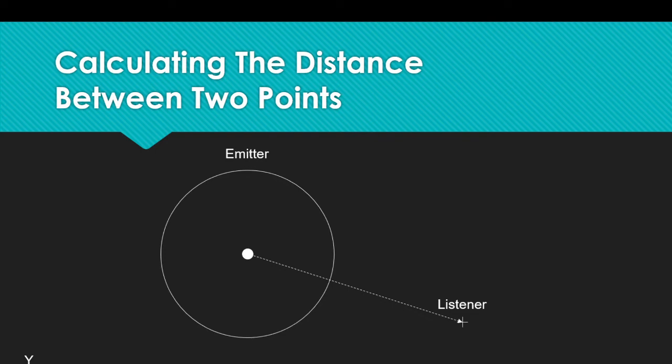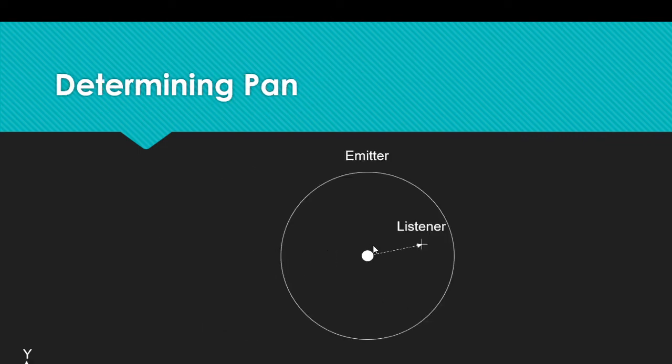Effectively, if you do the dot product of something with itself, you're doing x times x plus y times y plus z times z. So it is the same thing, but I think doing that encourages you to find functions that work rather than finding the mathematical explanation for what you're doing. But that should give us the distance, and then, like I say, we compare the distance with the radius, and we increase the volume as it gets closer.